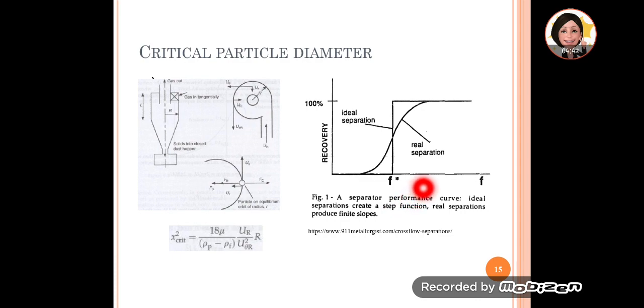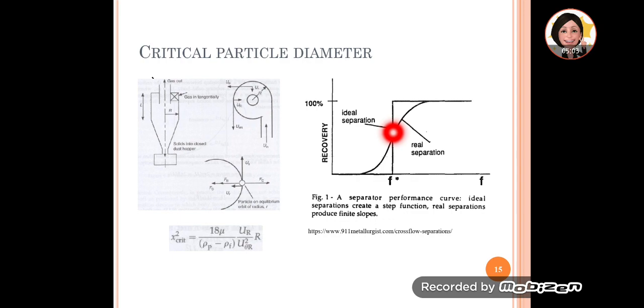Because of this phenomenon, we use a grade efficiency of 50%, which is X50, to define the efficiency of a cyclone.